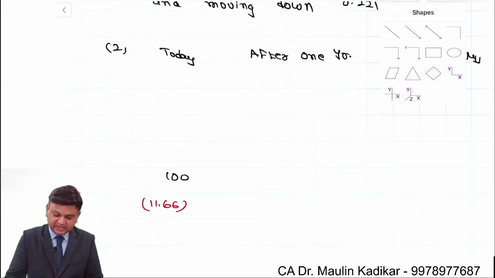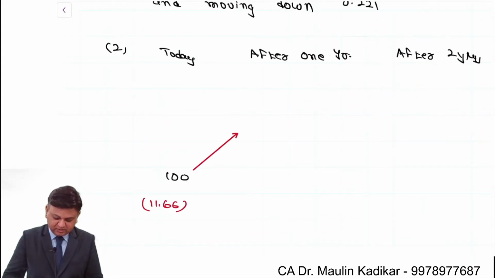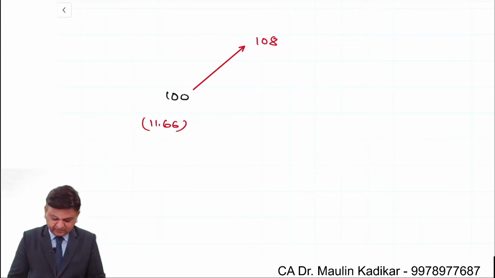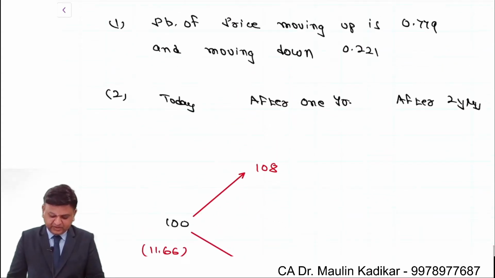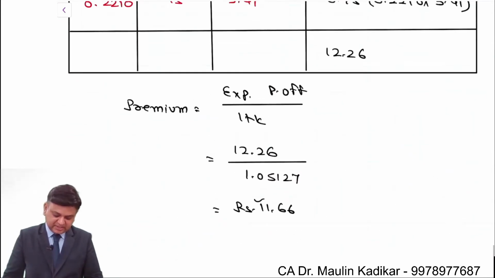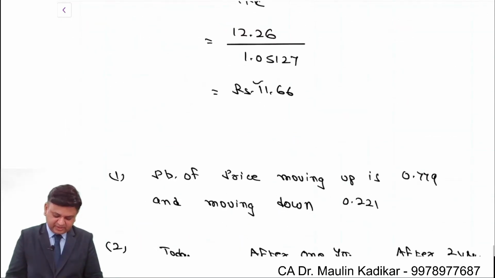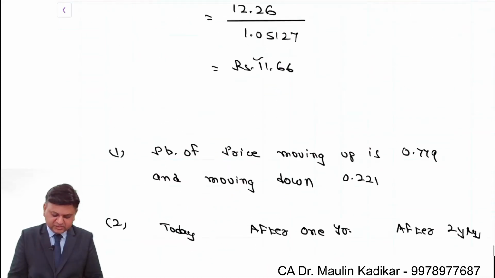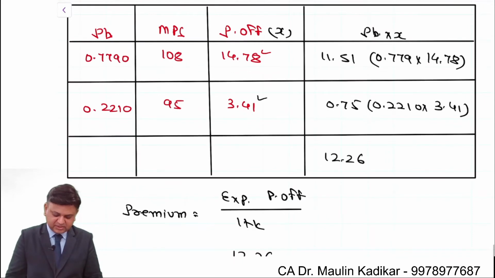The price may increase at the end of the first year to rupees 108 and the price may decrease to rupees 95. If the price increases, the payoff is 14.78, and if it falls, it is 3.41.